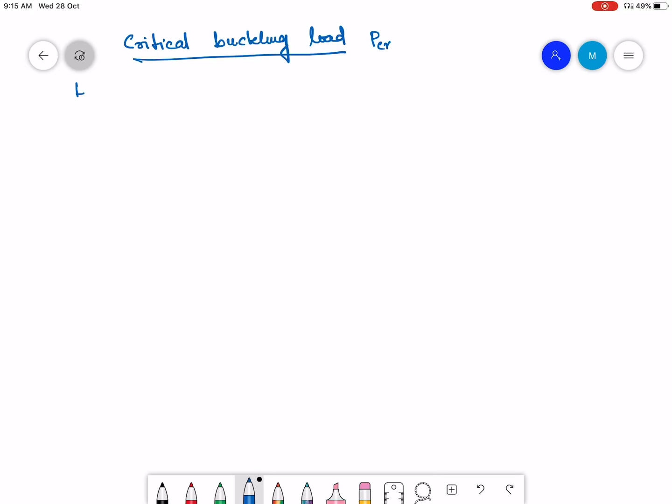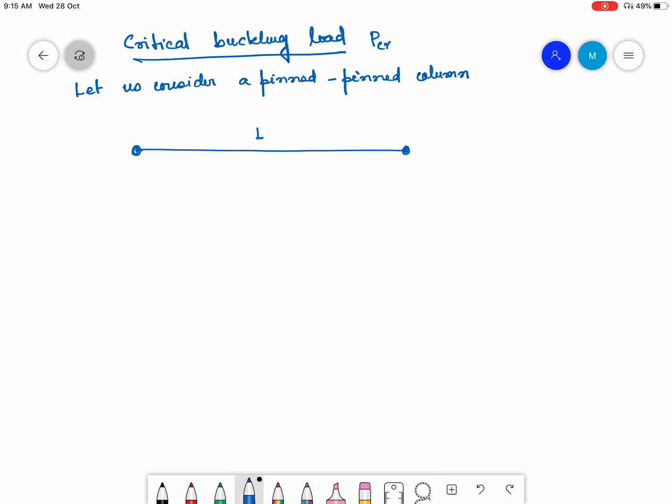So let us consider a pin column of length L. Let me draw the axes.